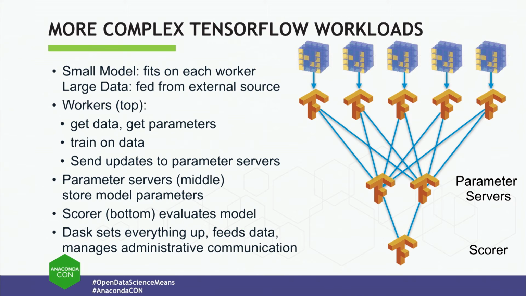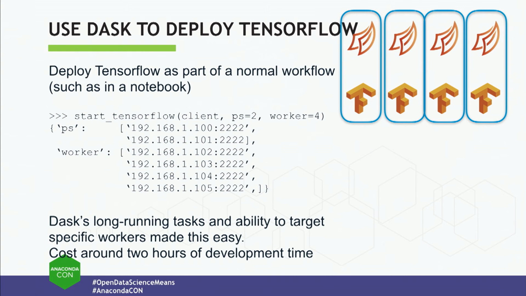So there are a few problems. One is, how do we set this up? How do we give it a cluster, set up all these workers, connect them to each other, and then tell all the different TensorFlow servers what they should be working on? And then second, how do we feed data to it? We can use Dask to deploy a TensorFlow cluster. I wrote this start TensorFlow function, I think Sunday afternoon.